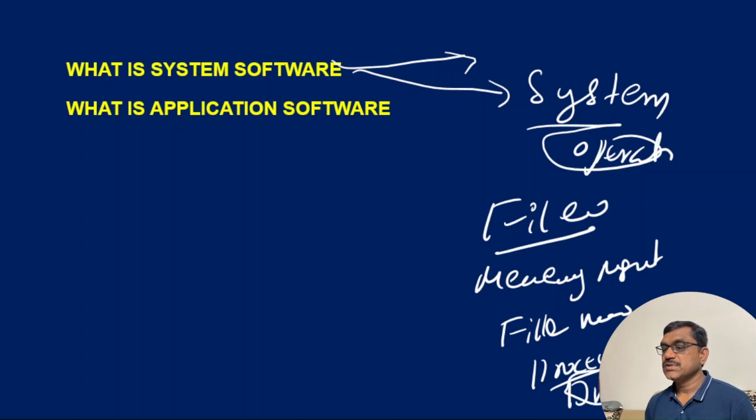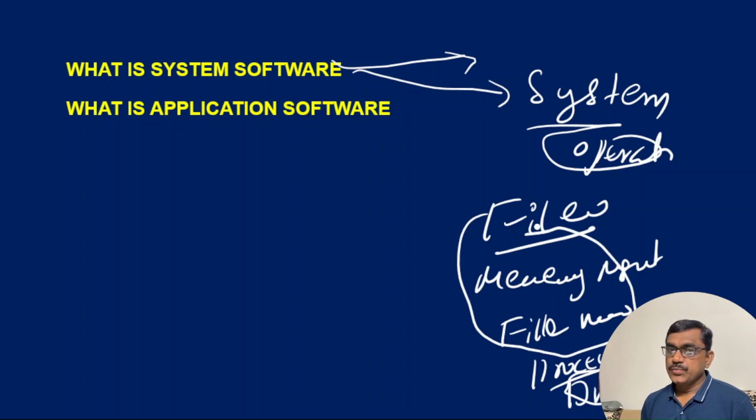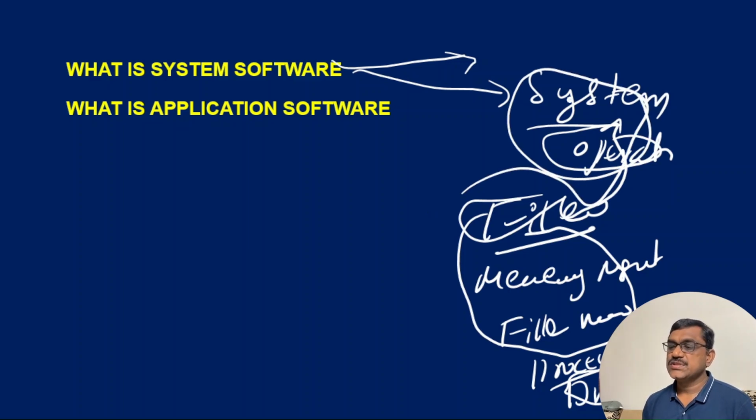So input unit drivers and output unit drivers. If you want to use a printer, the printer requires a driver. To make a print, the printer must be activated. We have to wake up the printer. How can the printer be activated? With the help of the drivers. If you want to save a file, you need an operating system. Saving, printing, processing and managing the files, all these are system related operations. To perform these system related operations, we need system software.